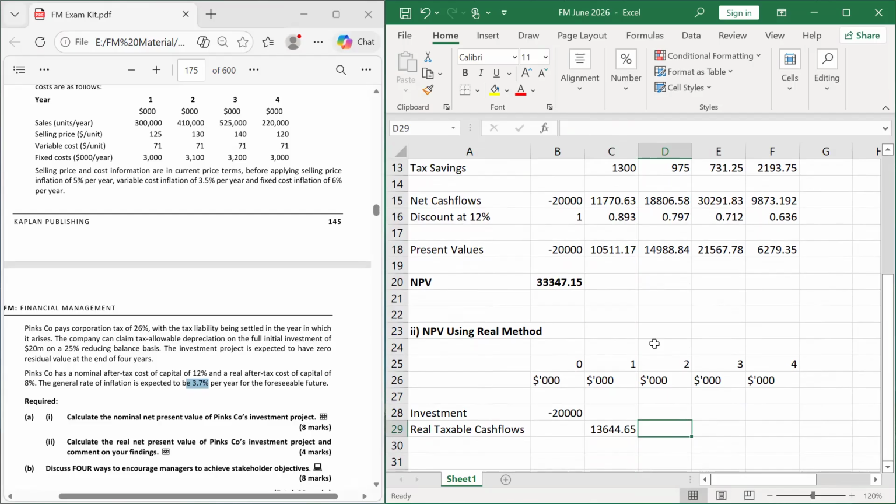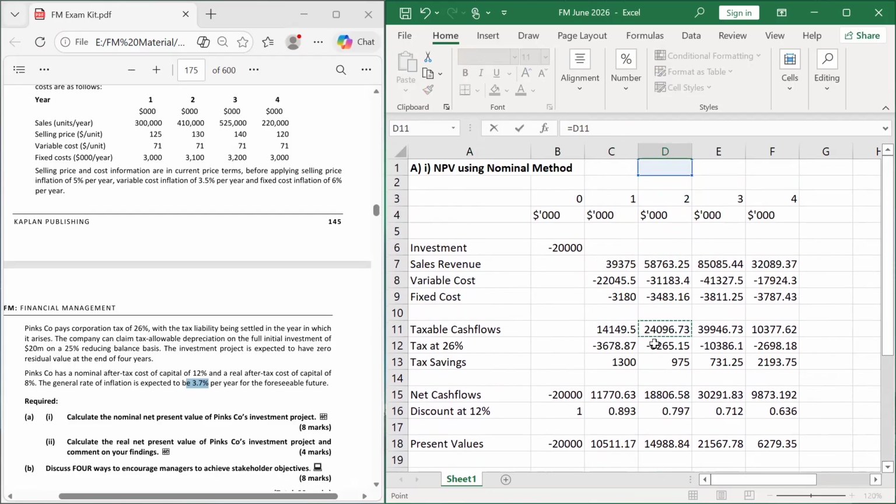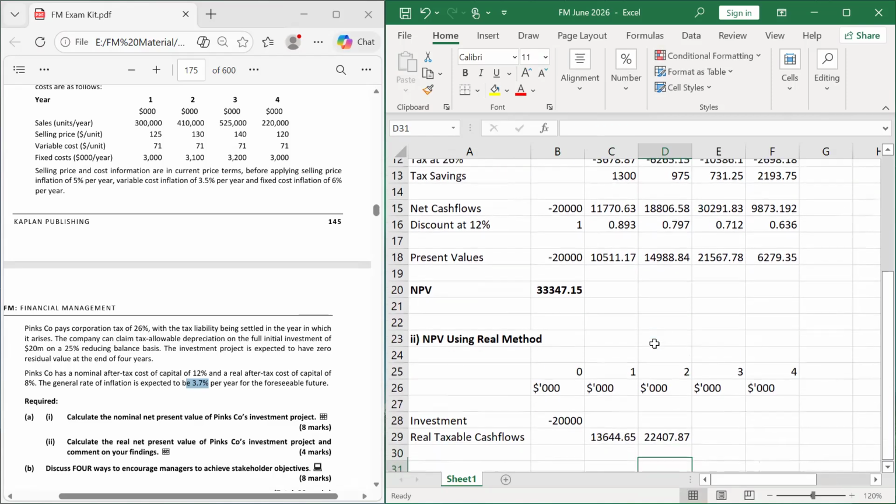Now you're going to do the same for the other ones as well. So for year two, the figure of 24096, divided by 1.037 power 2, bracket close.